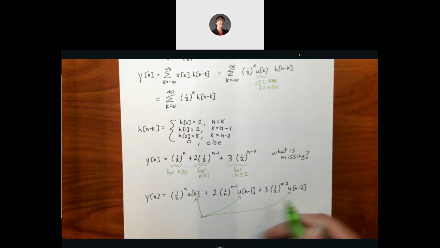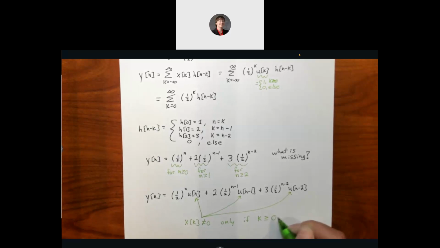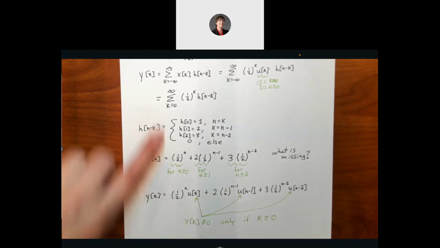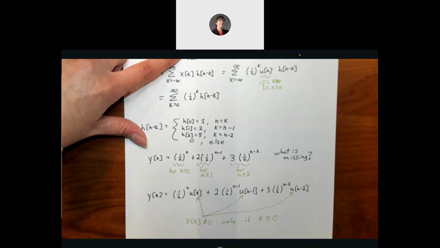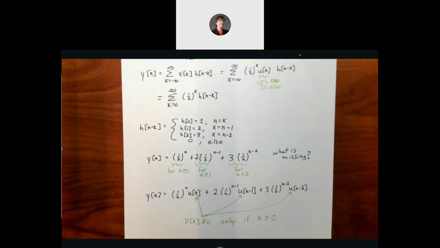So what these terms are capturing is the fact that x of k is not equal to 0 only if k is greater than or equal to 0, because we had that step signal up here. We need to make sure that we're still accounting for that step in this final solution.